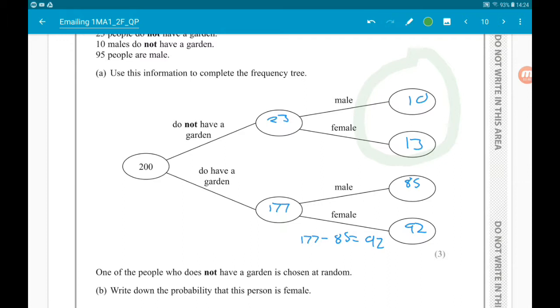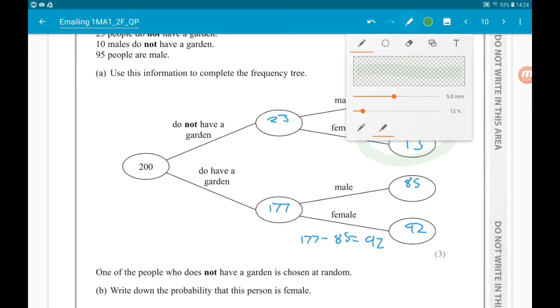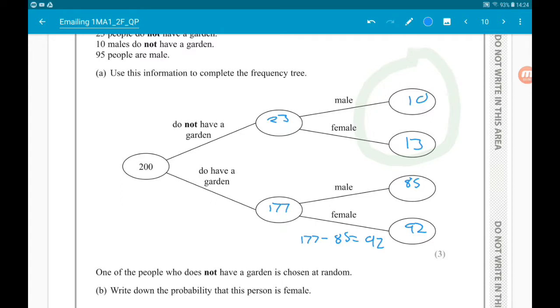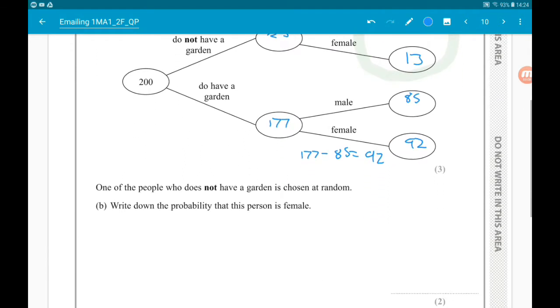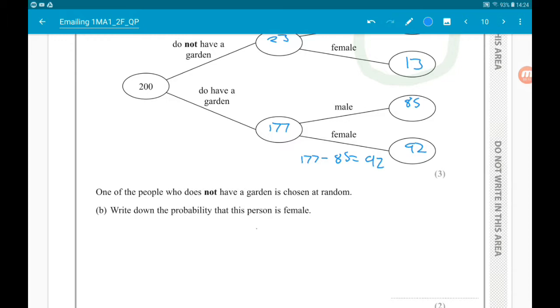We want to write down the probability that this person is female. Okay. So, the number of people that do not have a garden is 23. 13 of them are female, so it's 13 out of 23.